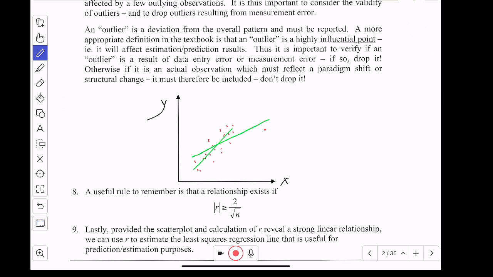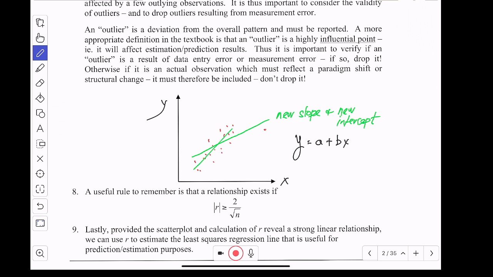So that affects the line. There's a new slope and new intercept. It affects the line completely. Remember what is slope and all this stuff. Let me write it down. Y equals a plus bx.